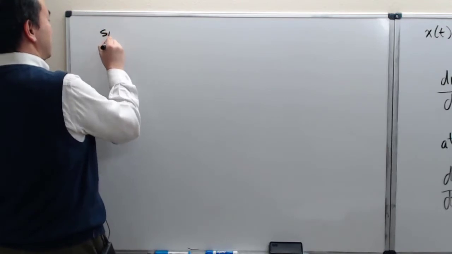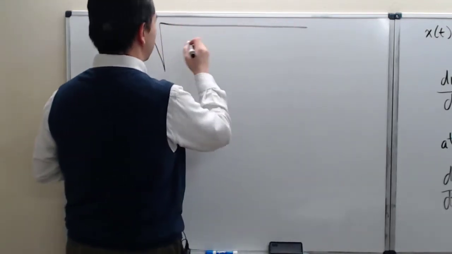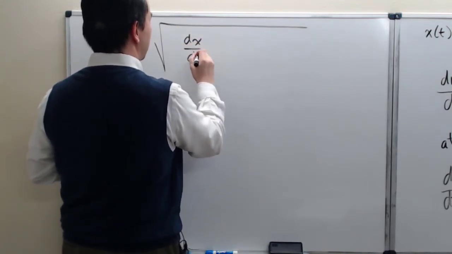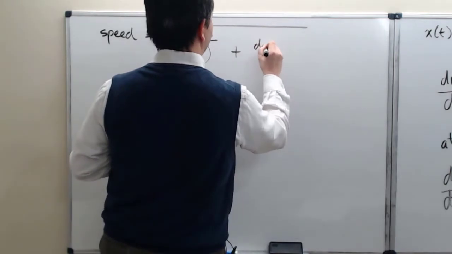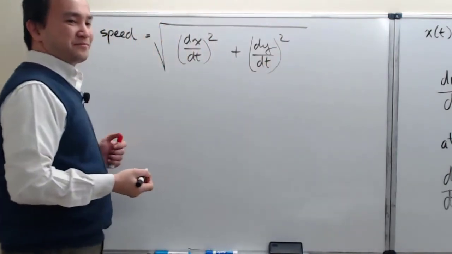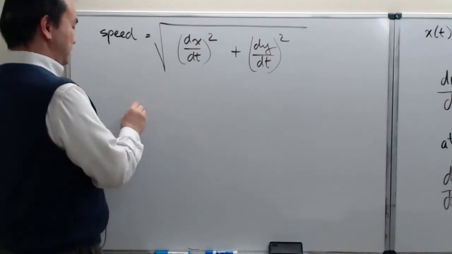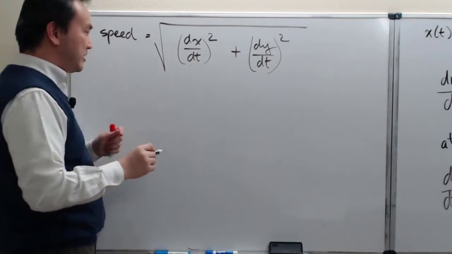Speed. We learned this formula regarding speed. It's the square root of (dx/dt) squared plus (dy/dt) squared. Now in this particular problem, we have already found dx/dt in our preceding step.